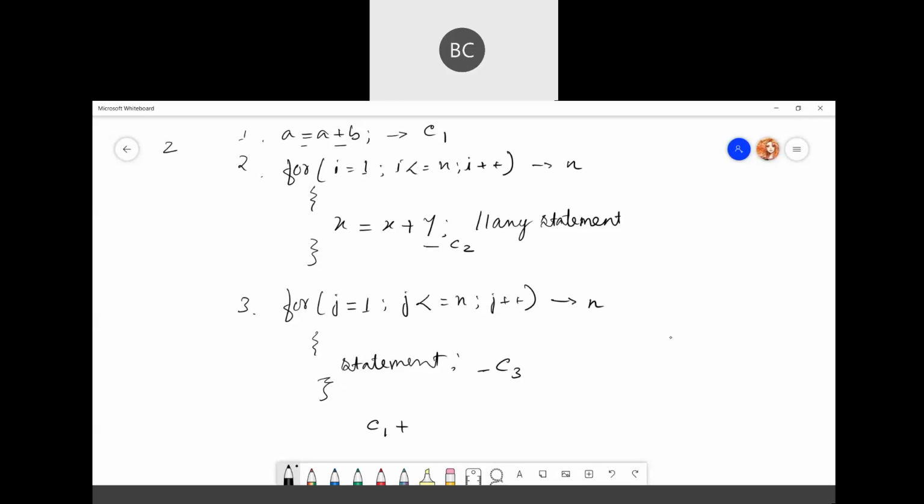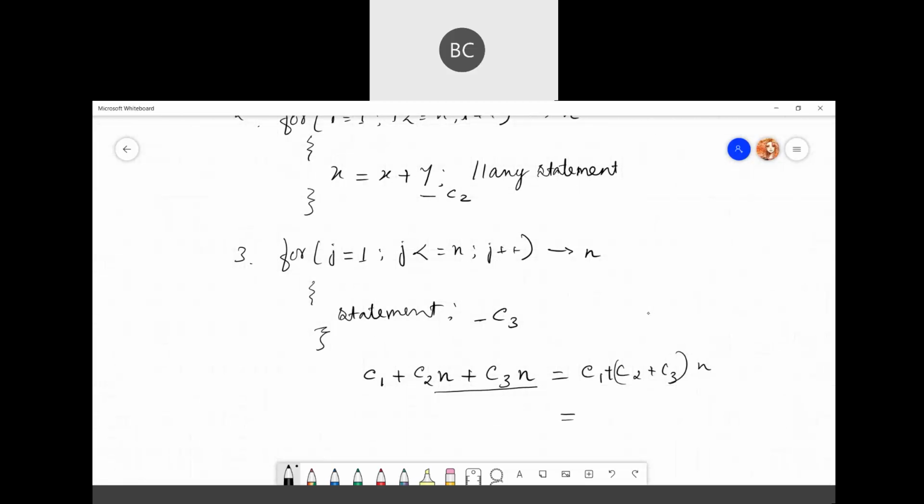The whole loop complexity will be C2n. Then you add the last line, which is C3n. You can combine C2 plus C3, which is just another constant term, and we can neglect it. So the complexity will be O(n).